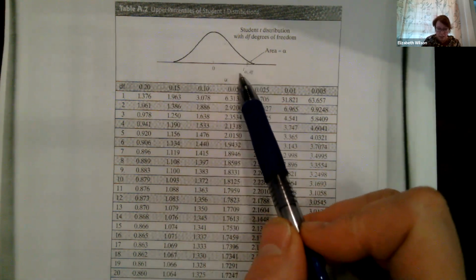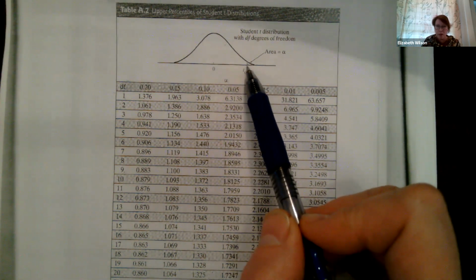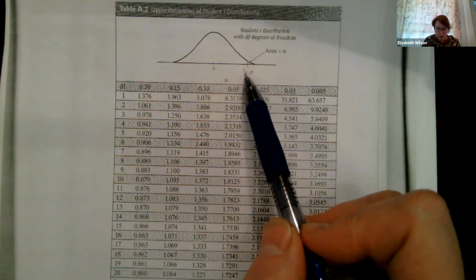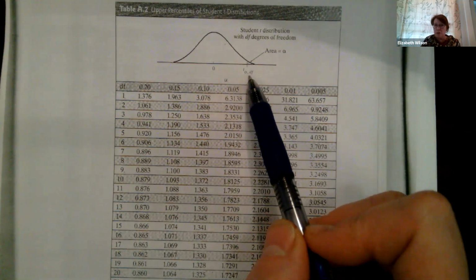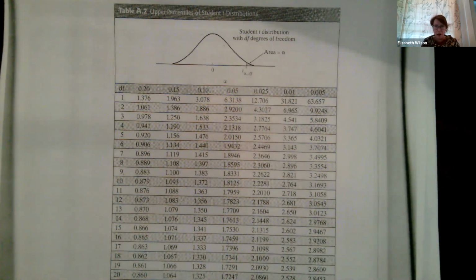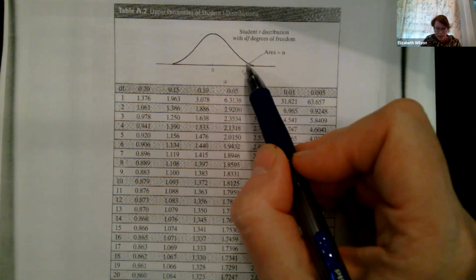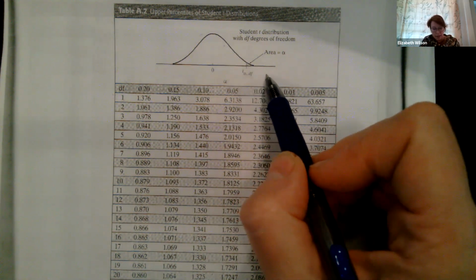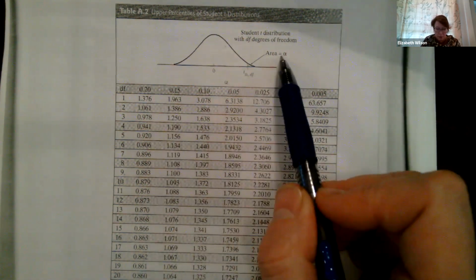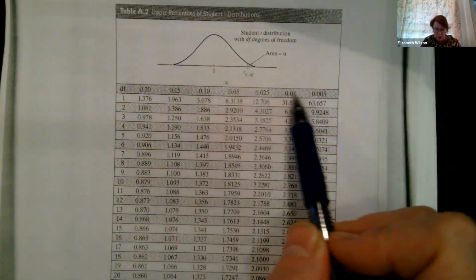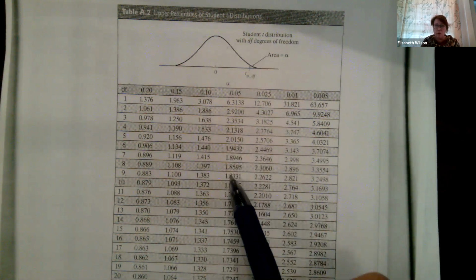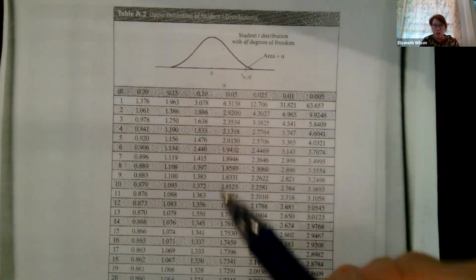Our t value denotes this point on the graph that corresponds to our alpha and our degrees of freedom, so it's t alpha comma degrees of freedom, and it's the area to the right of that t value. That would be our alpha value up at the top, and these are the t values that correspond to that particular alpha.